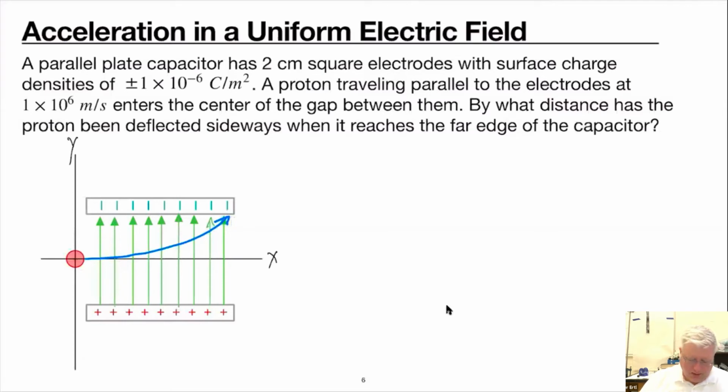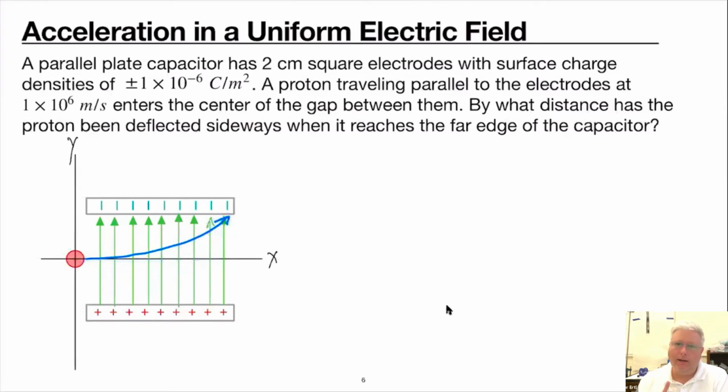The proton is said to enter the center of the gap, so that's perfectly on the x-axis. But what's going to happen to it? It's going to move in this projectile motion type of way, in the x and y plane.